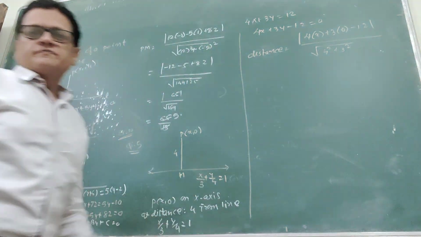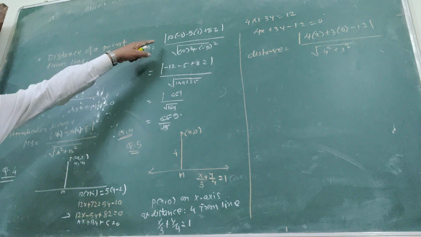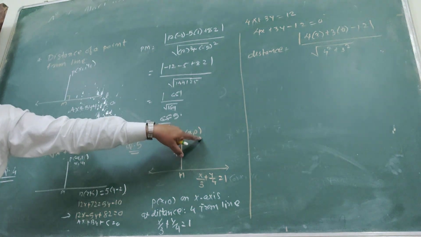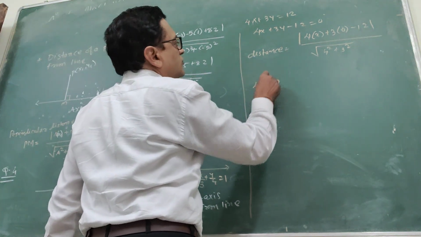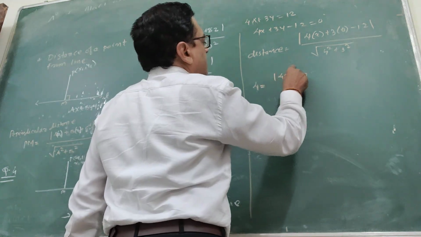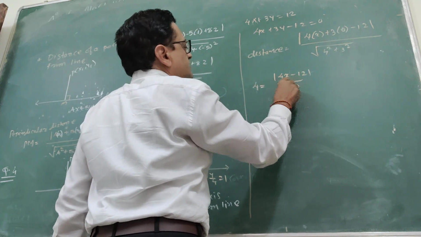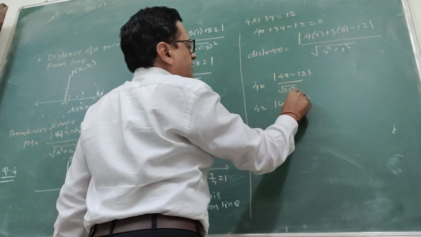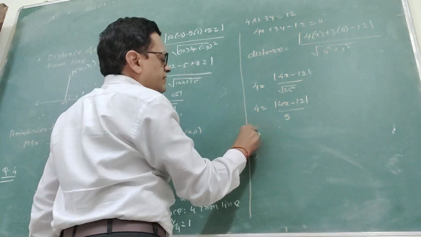Got it? Again, the formula is the same as what we did before. Here x1 is x and y1 is 0. The distance is given as 4. So 4 is equal to the modulus of 4x minus 12, because 3 into 0 is 0, upon the square root of 25, which is 5. So 4 is equal to 4x minus 12 upon 5. 5 fours are 20.